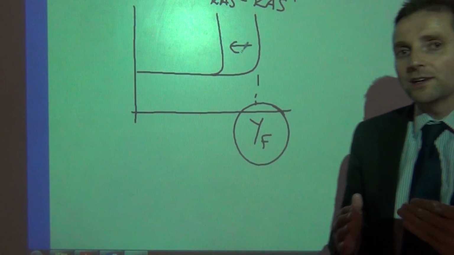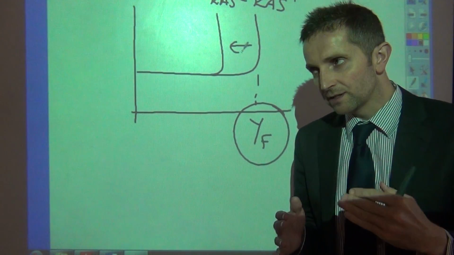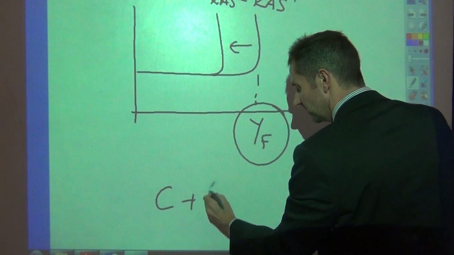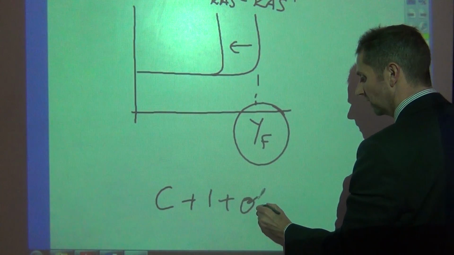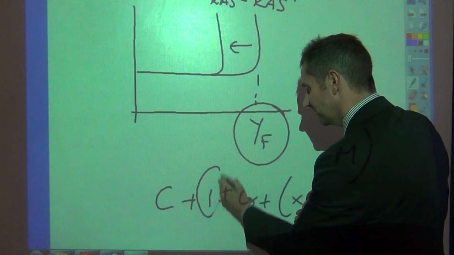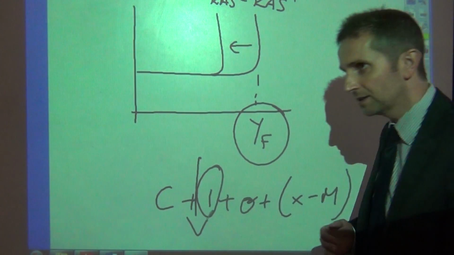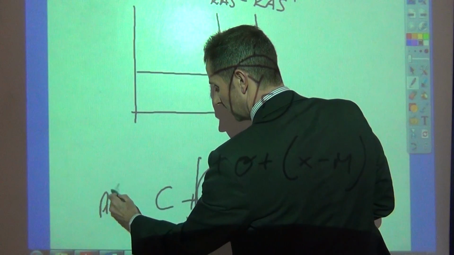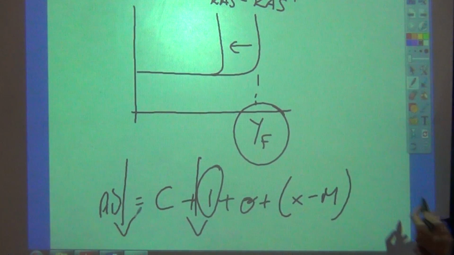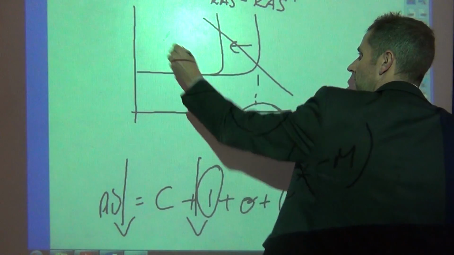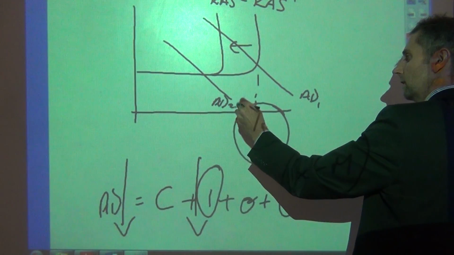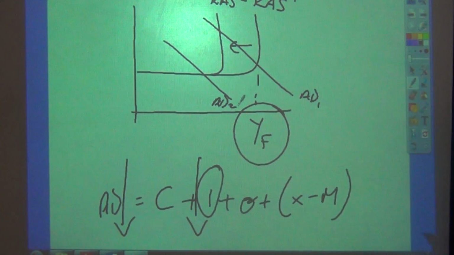So we've got a supply side issue there in terms of net business lending, but we've also got a demand side problem as well, because of course C plus I plus G plus X minus M. If businesses are doing less investment, so we've got a reduction on this side of our AD equation, then clearly the overall total AD will be falling, and that as well will be shifting AD1 across to AD2.